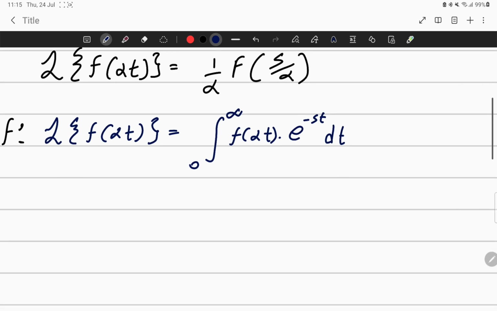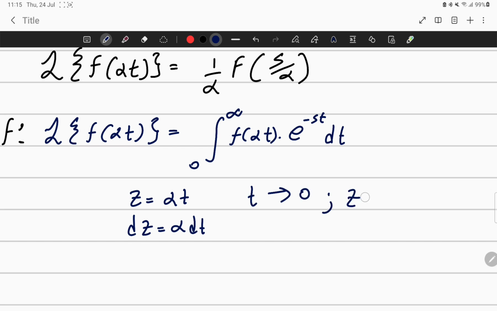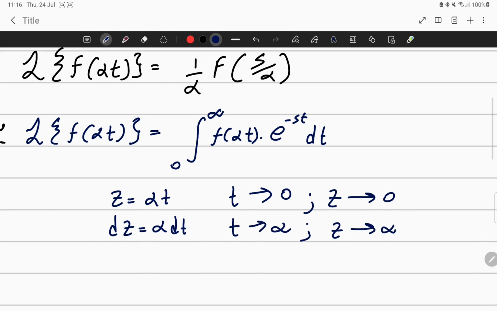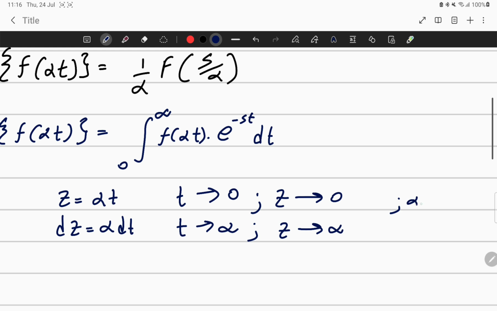I'm going to take the substitution z equals alpha t, so dz is alpha dt because alpha is a constant. When t tends to 0, z is also going to 0, and when t is going to infinity, z is also going to infinity if alpha is positive.